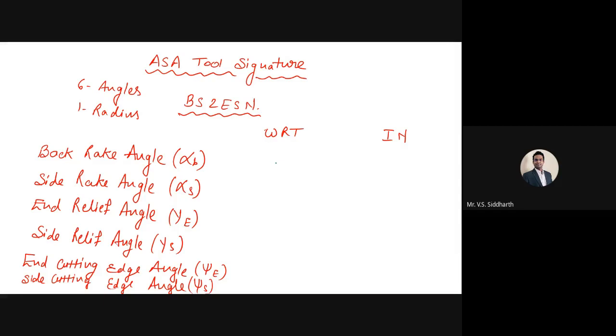With respect to: pi r, pi x, pi y, pi x, pi y. And for in which plane, you just reverse it: pi y, pi x, pi y, pi x, pi r, pi r.